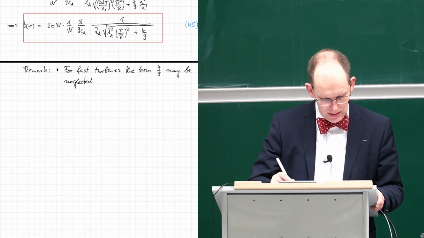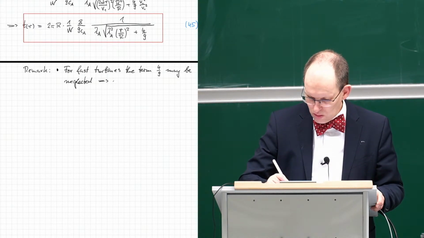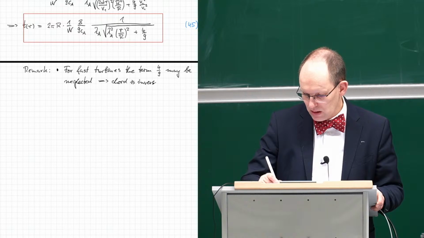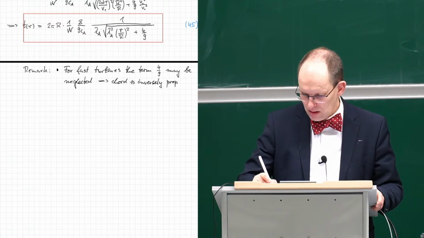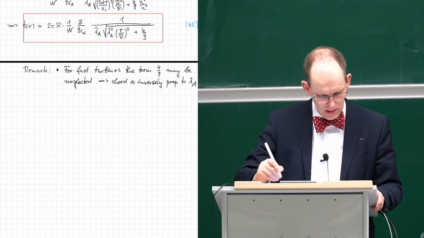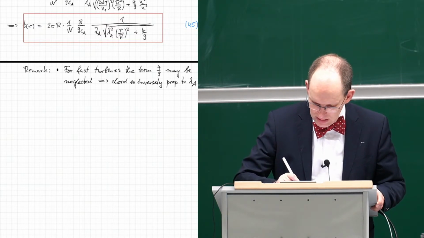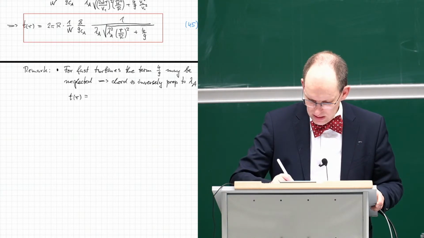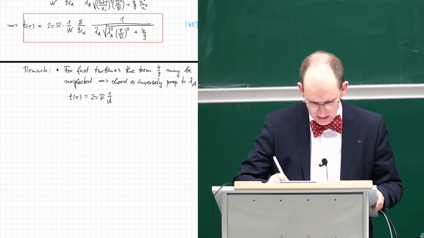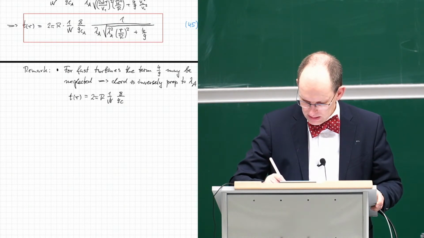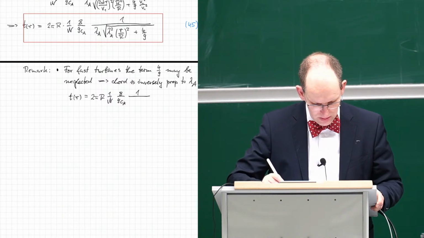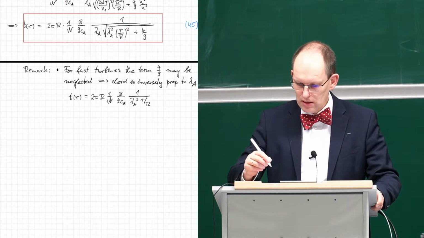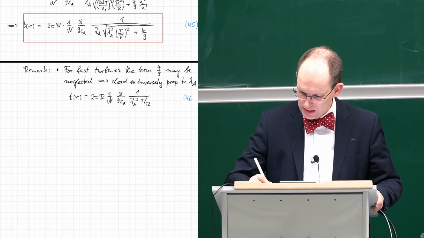And this means the chord length is inversely proportional to lambda A. So what we would have then is that TR is 2 pi times R, 1/n, 8/9 Ca, and 1 over lambda A squared, capital R over small R. So this would be equation 46.